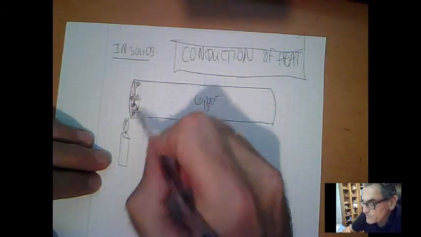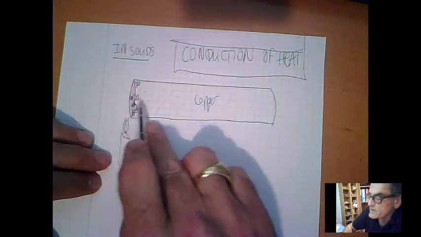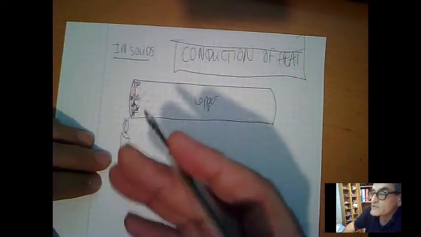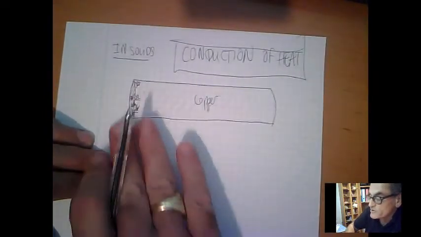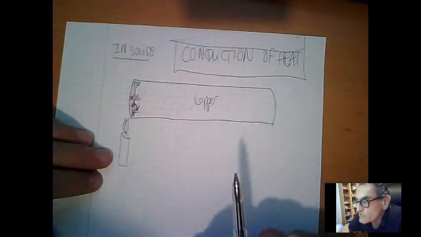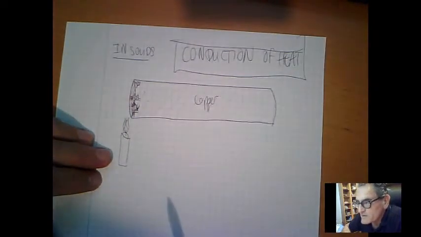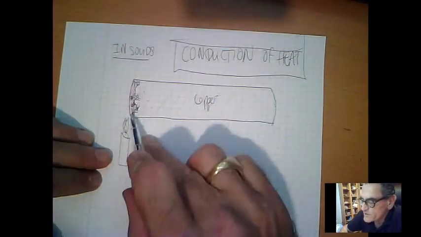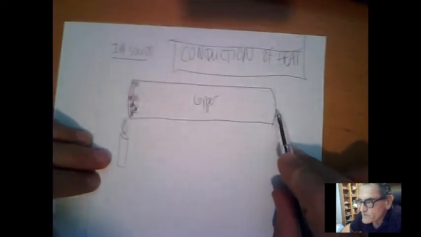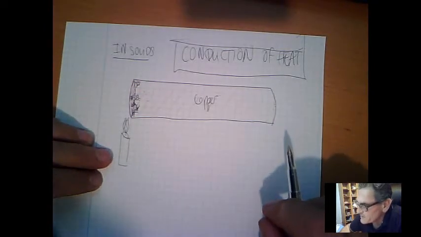So if here it vibrates more, it will make the atoms here vibrate harder, etc. And this state of increased vibration will progress inside the metal at a certain velocity, which is a few centimeters per second. If you do the experiment, you heat this up, you wait a few seconds, maybe a few minutes, and you will see the other end, which is heated up.